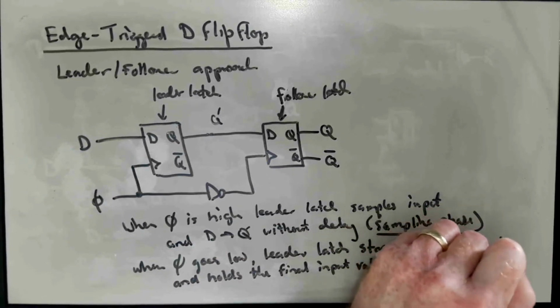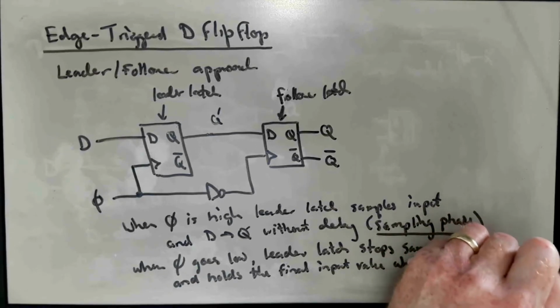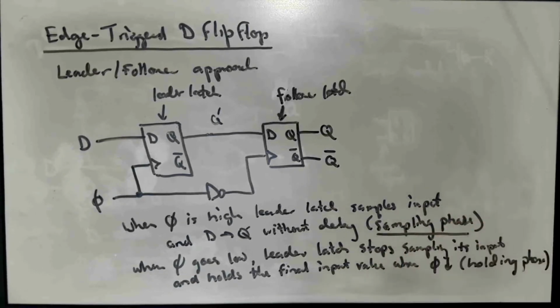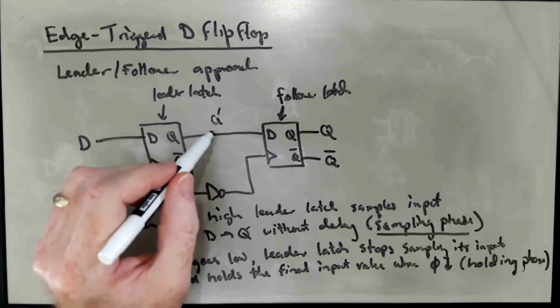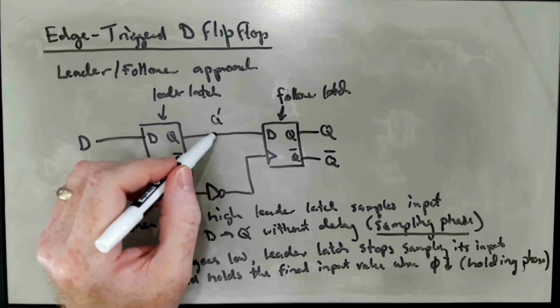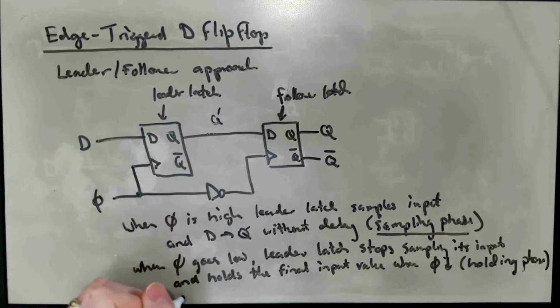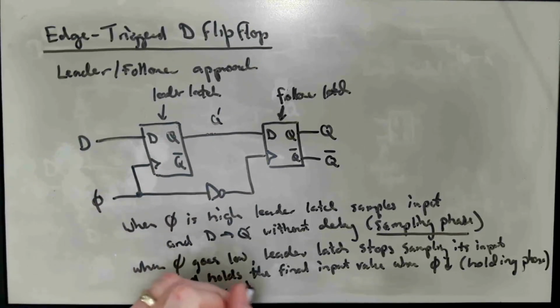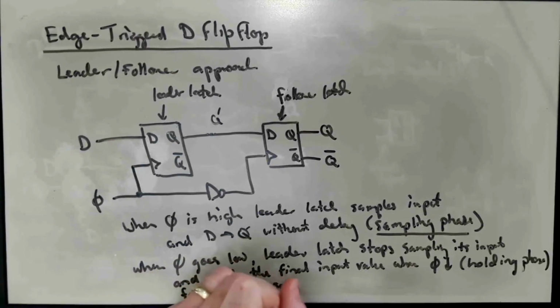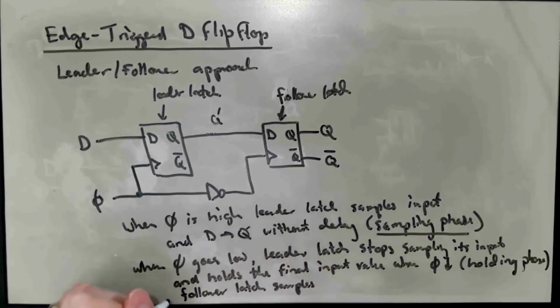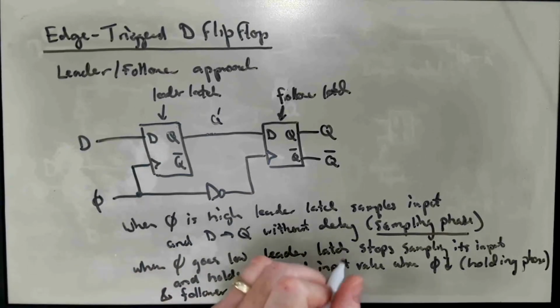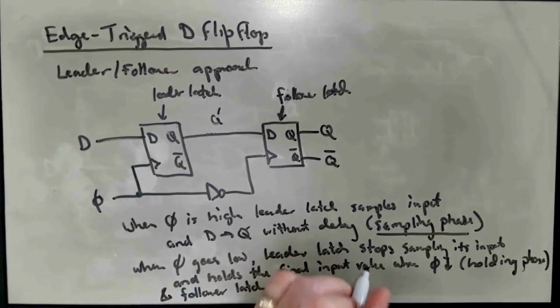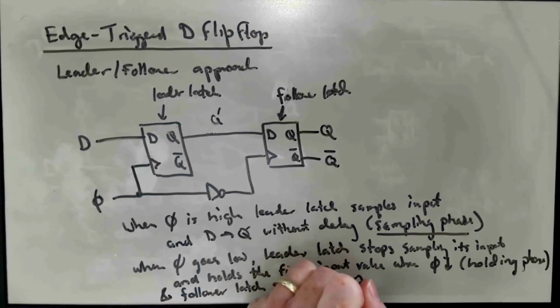This is the holding phase. Okay? So when phi drops, the last value that D had appears here, and it's stable. The follower latch samples Q prime, and Q prime goes to Q.